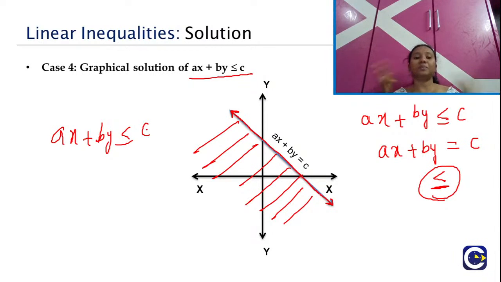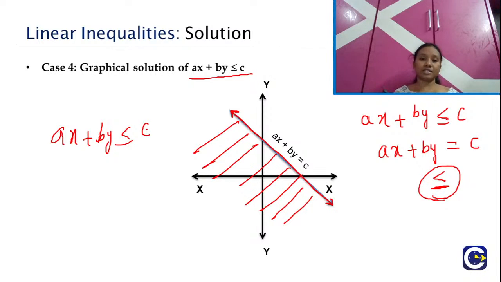Whatever the inequality might be, the first thing is to take it to be an equation and simply plot the equation on the graph. Once we are done with that, we verify what the given inequality is. If it is greater than, it will be the upper part. If it is greater than equal to, it will be along with the line and the upper part.